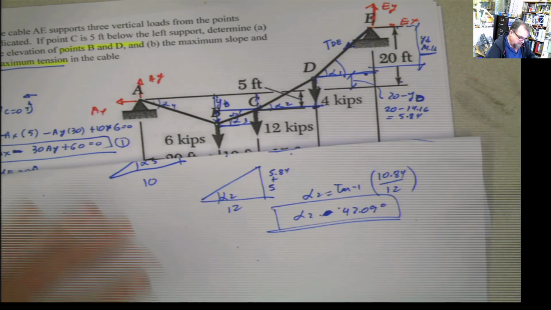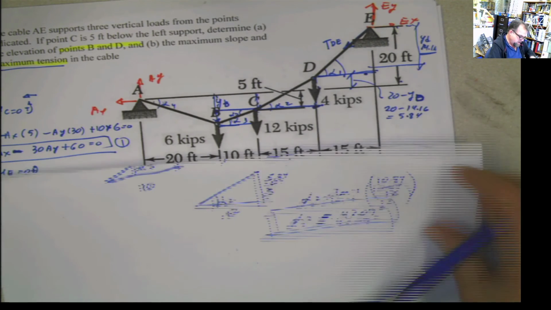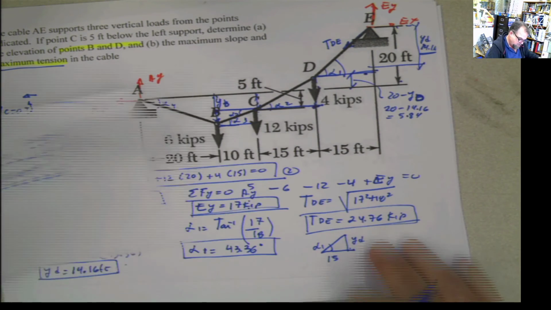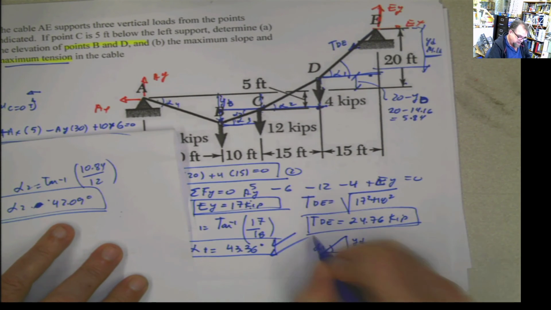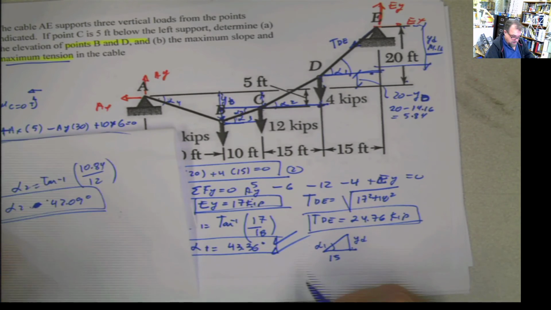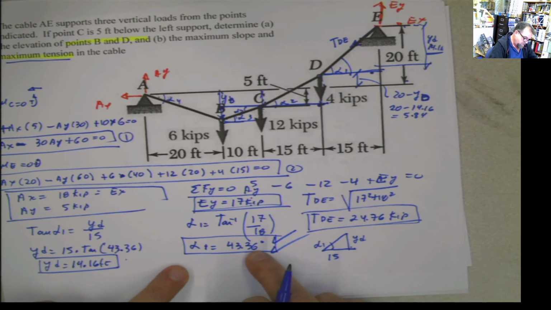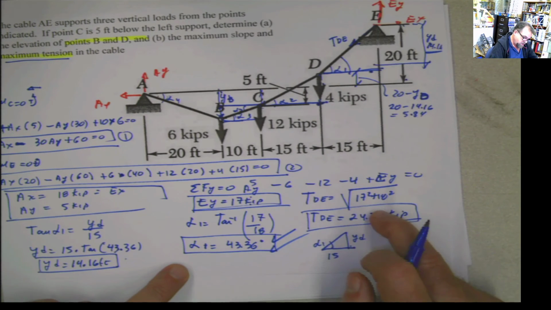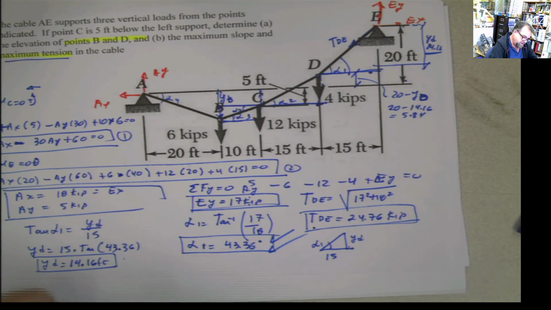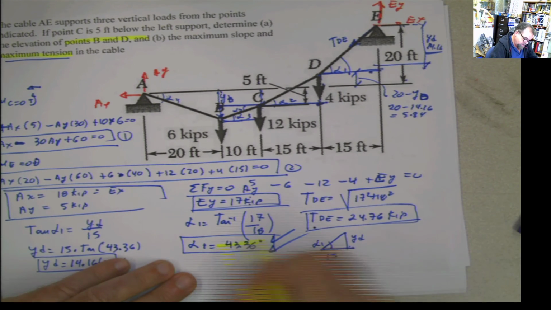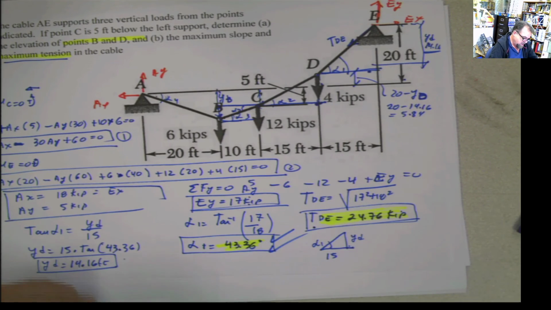And we calculated previously alpha 1, and in our sheet of paper, alpha 1 was 43.36. So this is the maximum slope, and this is where the maximum tension is going to happen, because it's the maximum slope, and this corresponds to TDE, which is this one here. So the maximum happens here where the angle is maximum.